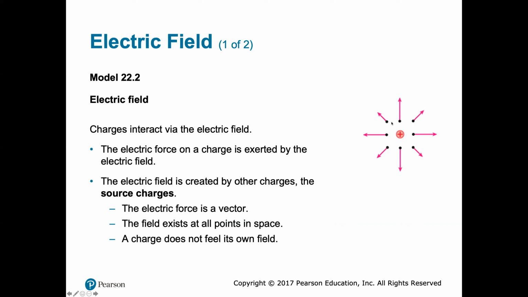Actually, the field is everywhere. If you put your probe at any place, you can measure the field at that place. A charge does not feel its own field. Let's say this positive charge doesn't feel the electric field created by itself.